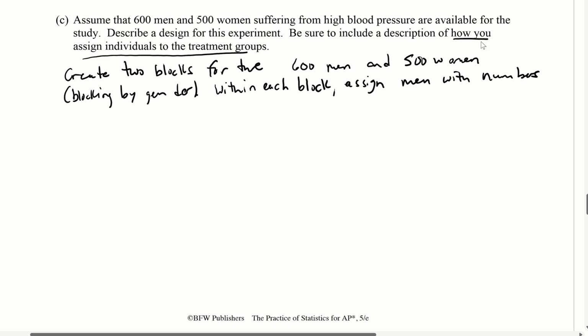Now it says we're going to describe how we're going to do this random assignment. So we can do a random table, or we can do a random number generator, which is what I'm going to do. I'm going to put men with unique numbers from 1 to 600, sorry.